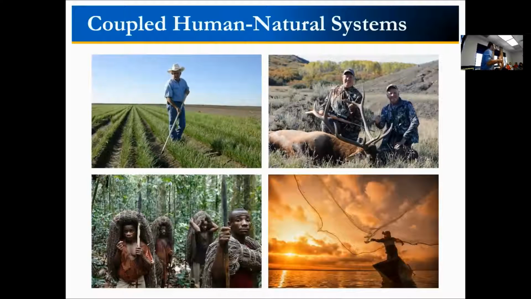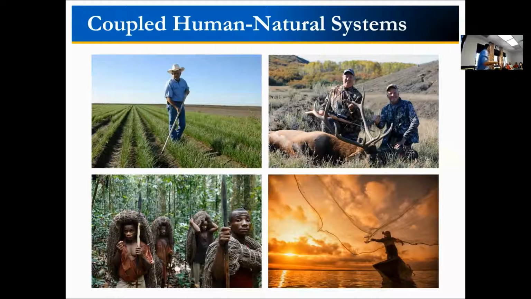So we're talking about coupled human natural systems, and just for the sake of it, those are some examples of those systems. Basically, where you have humans interacting with the environment. You can have farmers interacting with their farms, and they can either be thinking about expanding their agricultural land and causing deforestation, or choosing what mix of crops they're going to plant in their land.